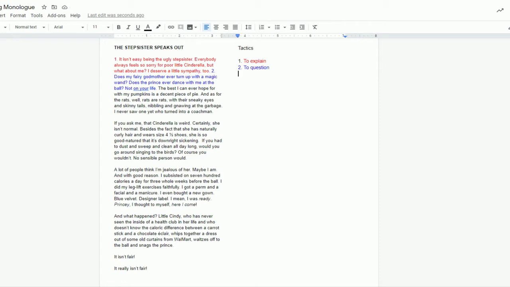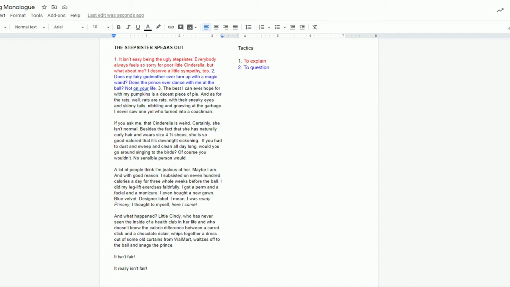And then she says, "The best I can ever hope for with pumpkins is a decent piece of pie. And as for rats, well, rats are rats." I actually think that our third tactic is just this one single sentence, because here she's completely changing the subject.